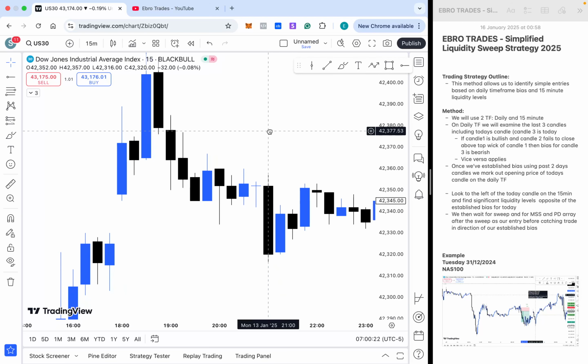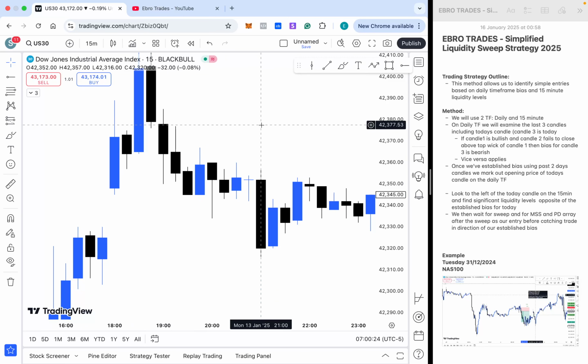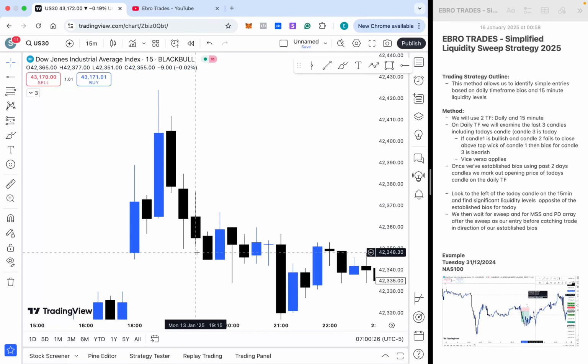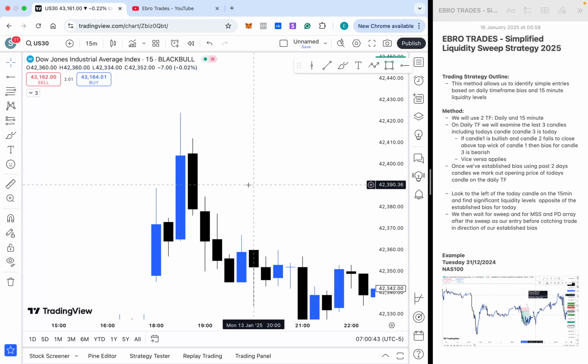Pretty simple method, right? So we've got today's candle, we've got yesterday's candle, we've got the day before yesterday. This candle is bearish, and this candle closes below the last candle, then today's candle is also going to be bearish. Does that make sense?